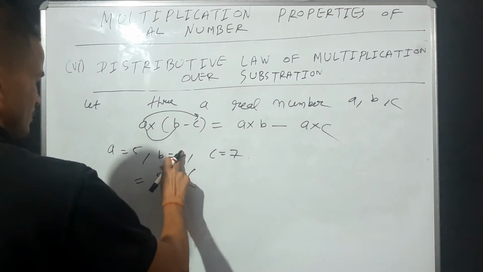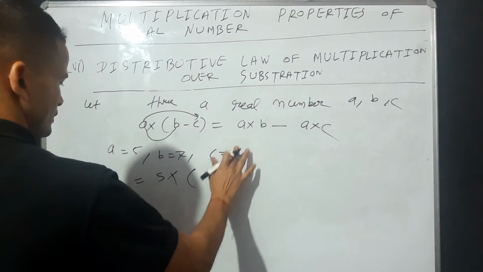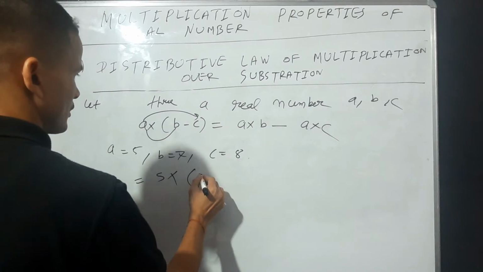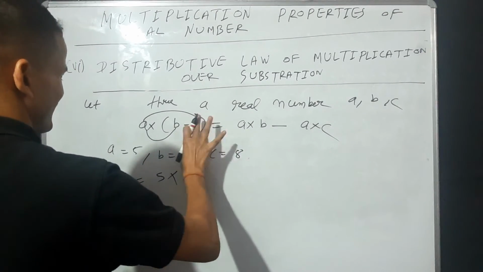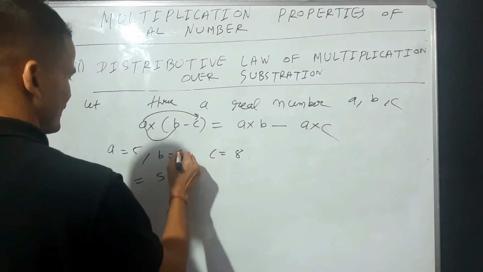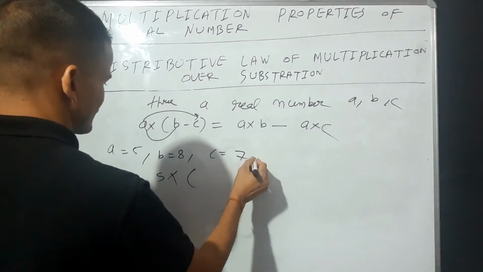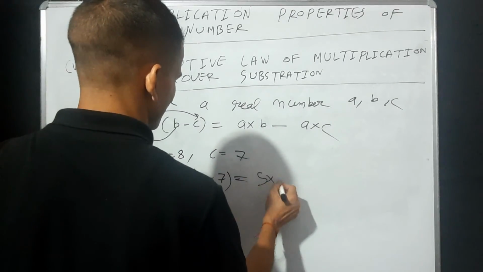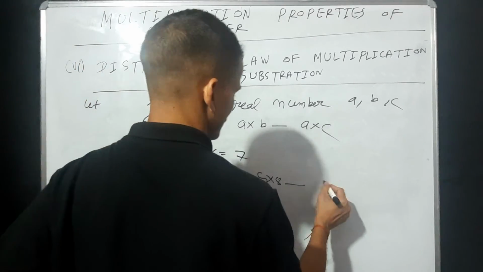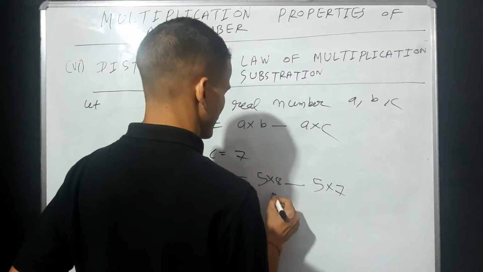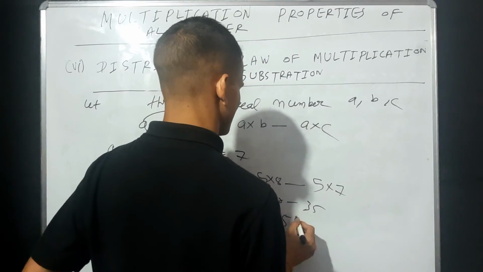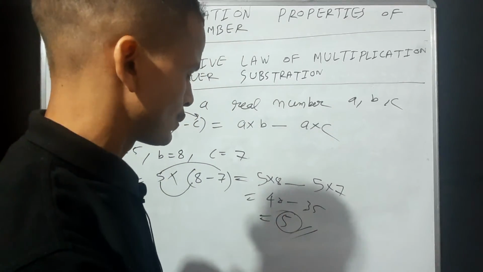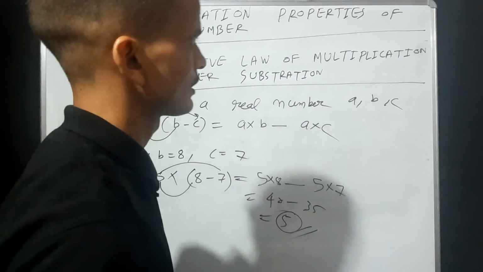So 5 times (8 minus 7). We multiply 5 times 8, minus 5 times 7: 40 minus 35. The result is 5.